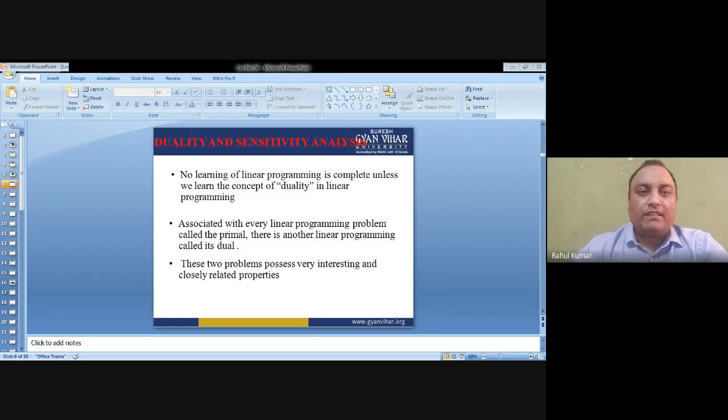The change makes the variable contribute less profit, right? So these different types of properties belong to this duality and sensitivity analysis problem, right?